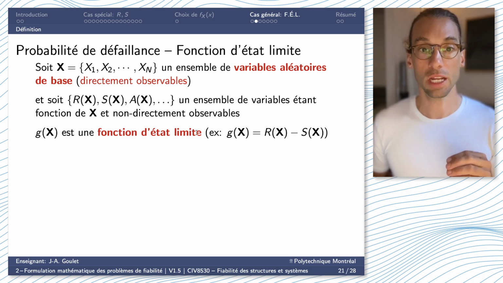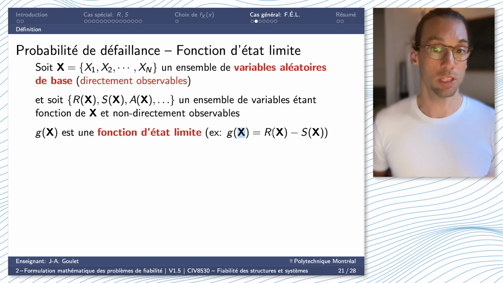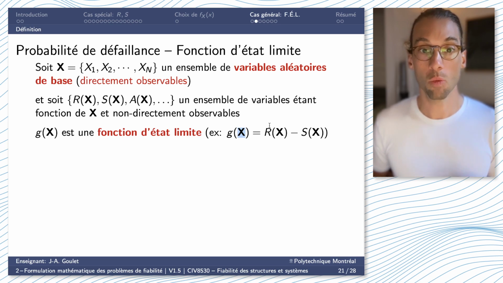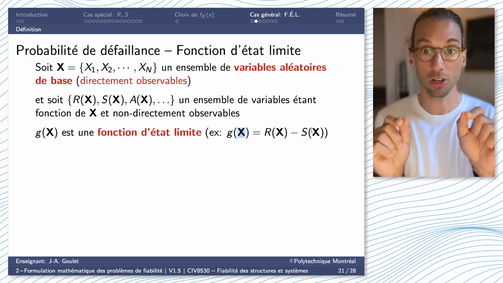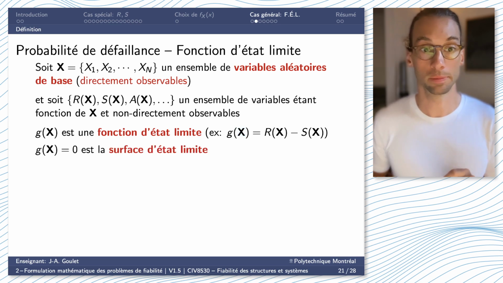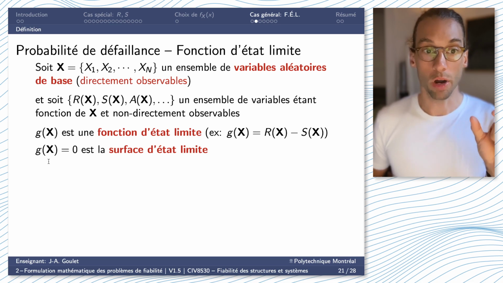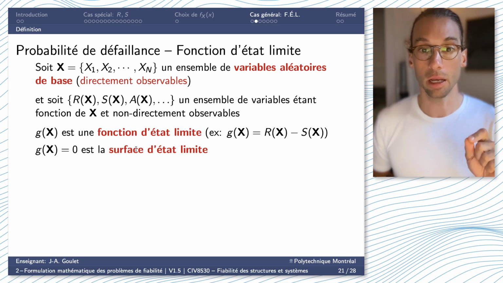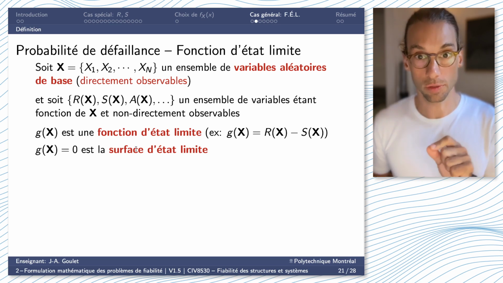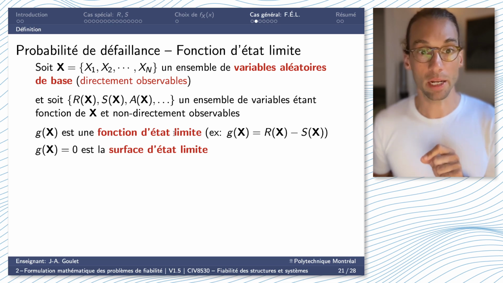It's a function that involves x, my random variables, so that, for instance, I have my resistance that involves x minus my solicitation that involves x. Here R and S are not random variables themselves; they're functions of random variables. And we're going to say that the event where g of x equals 0 is my limit state surface.